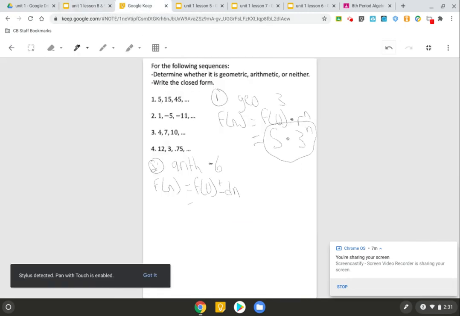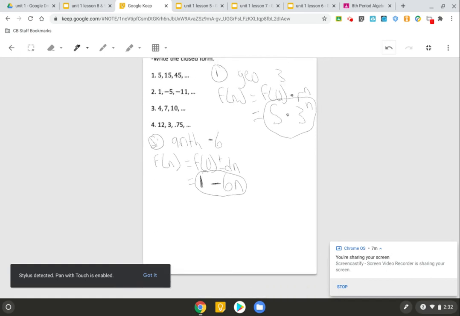So f of 0 is the starting term, so that is 1. And then we are going to do minus because our common difference is negative. So we're going to choose minus. And we said that our difference was 6. So my closed form, my explicit form, is simply 1 minus 6n.